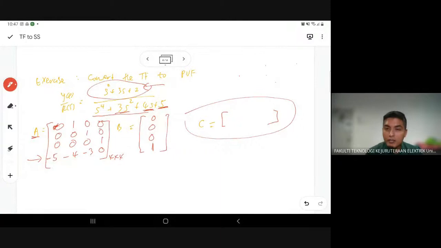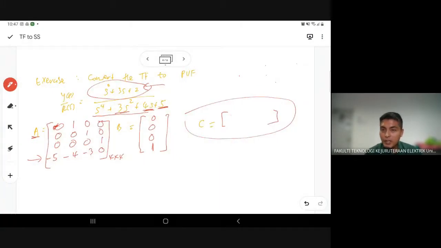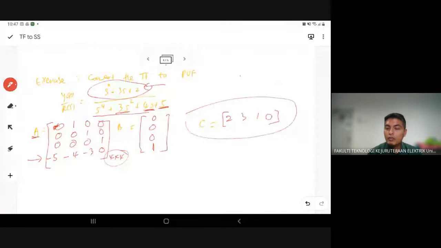Your friend already answered that the answer is correct. Nurul Fahana, 2310. You must remember this is a 4 by 4 matrix, so you must have the combination to match.